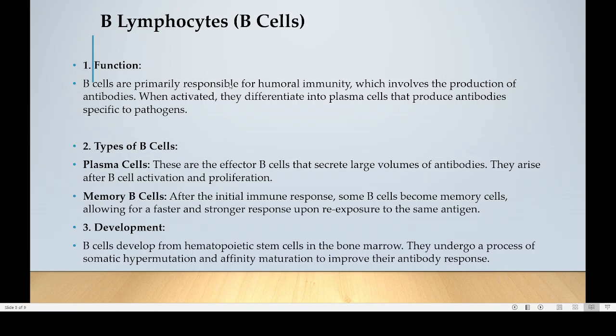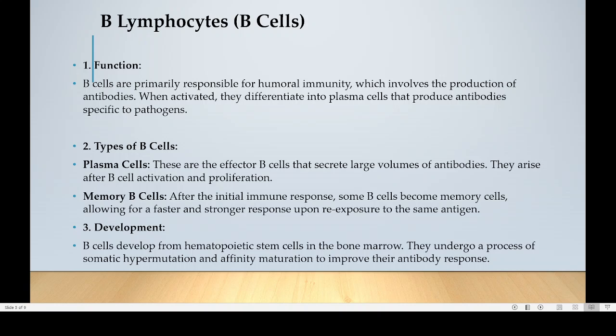So B cells are primarily responsible for humoral immunity, which involve production of antibodies. So wherever you hear the term humoral, just remember that it is antibody concern. So humoral immunity means simply antibody mediated or antibody controlled immunity. When activated, they differentiate into plasma cell that produce antibody specific to pathogen.